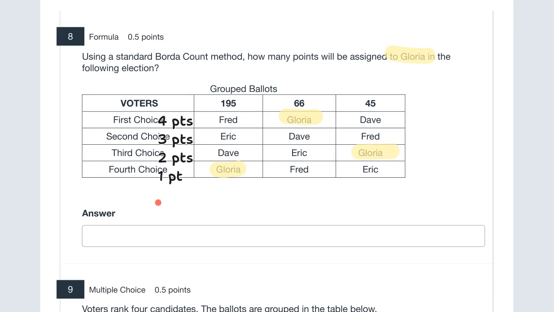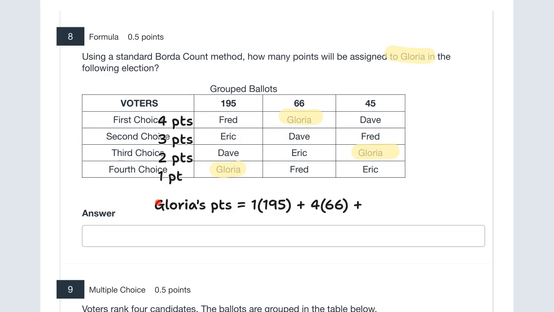So Gloria's points is 1 times that 195 plus 4 times that 66.